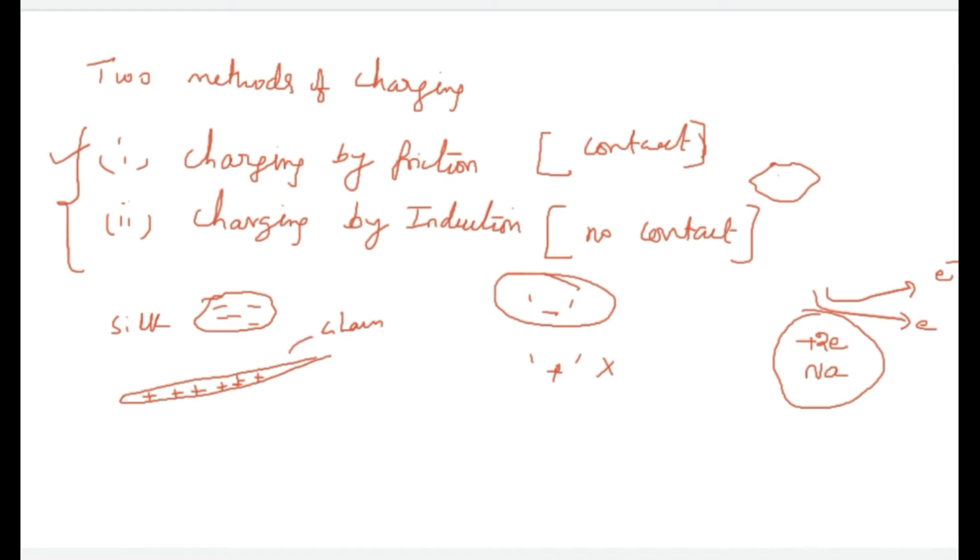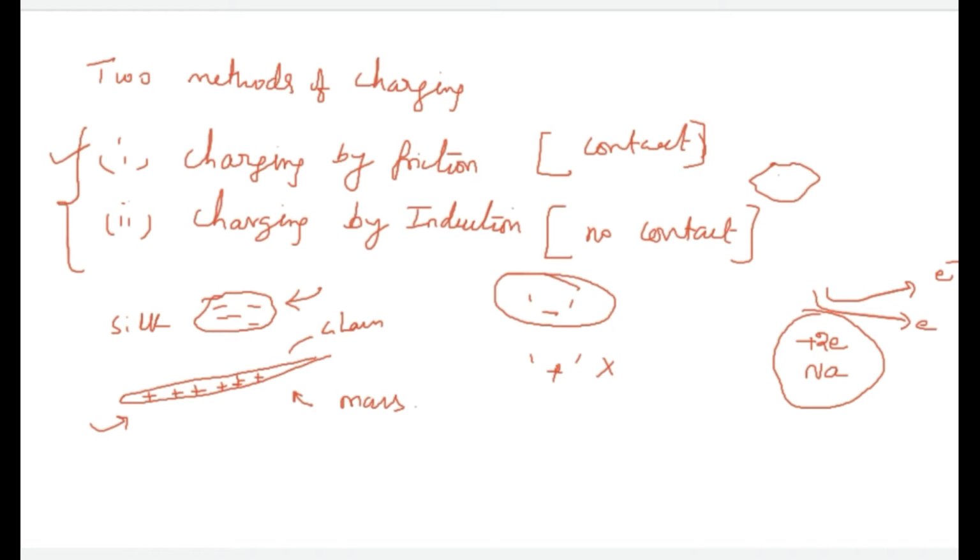Okay, are you clear? And second, I have one more doubt. When I'm rubbing the glass rod with the silk cloth, what happened to the mass of the glass rod and what happened to the mass of the silk cloth? Because here the glass becomes positive, means it is gaining electron or losing electron?